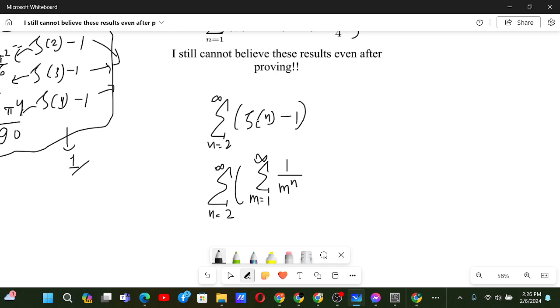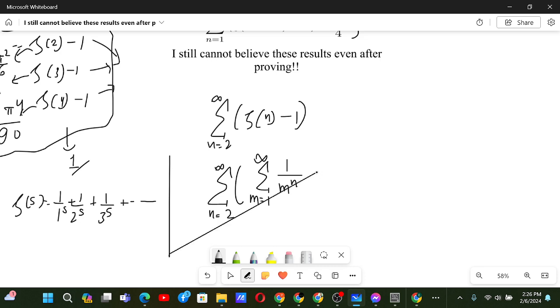Basically Riemann zeta of s is just 1 by 1 to the power s plus 1 by 2 to the power s plus 1 by 3 to the power s, and that goes on. So that's why now we have this and minus 1.